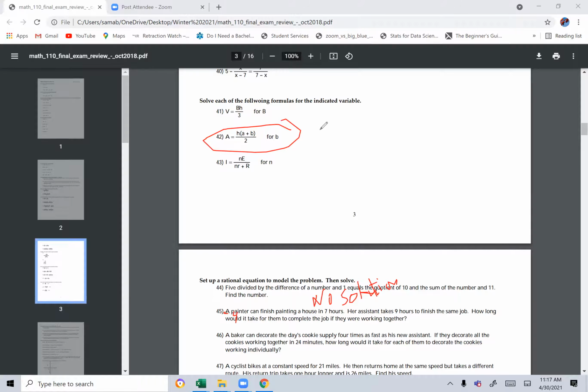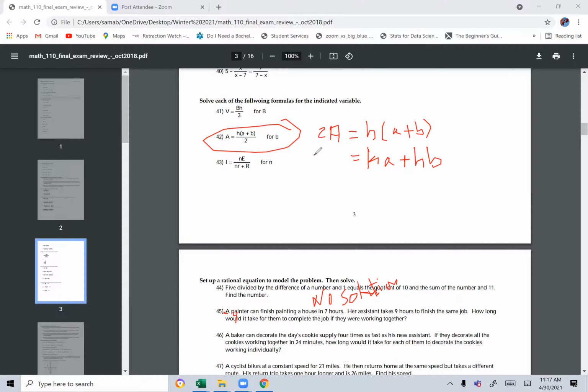If you multiply both sides by 2, you get 2A equals H times the quantity A plus B. Now multiply on both sides, expand, so there will be HA plus HB.